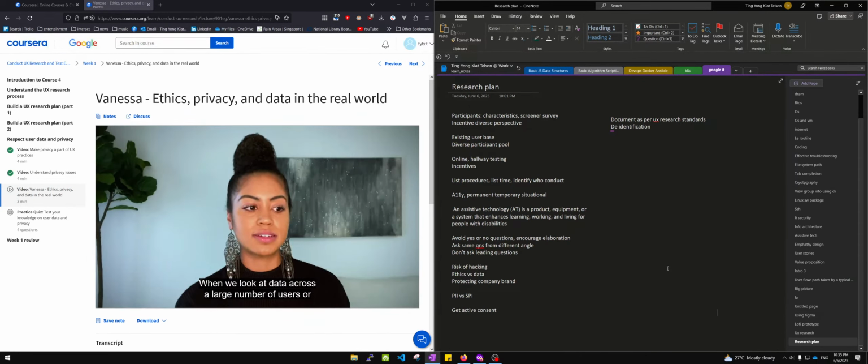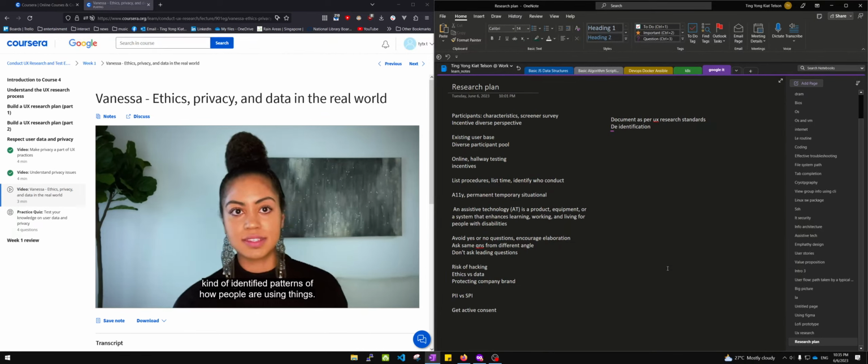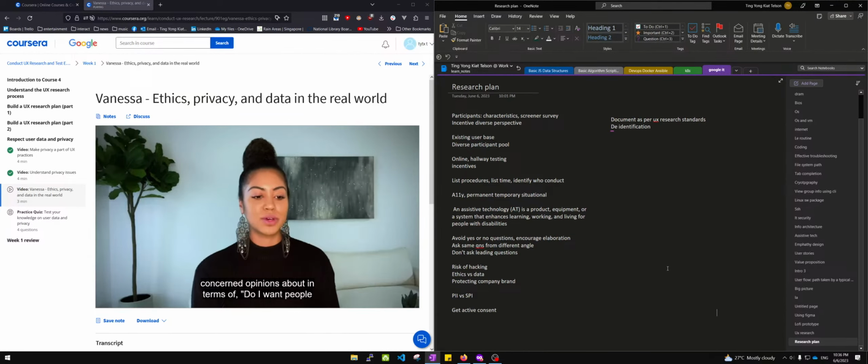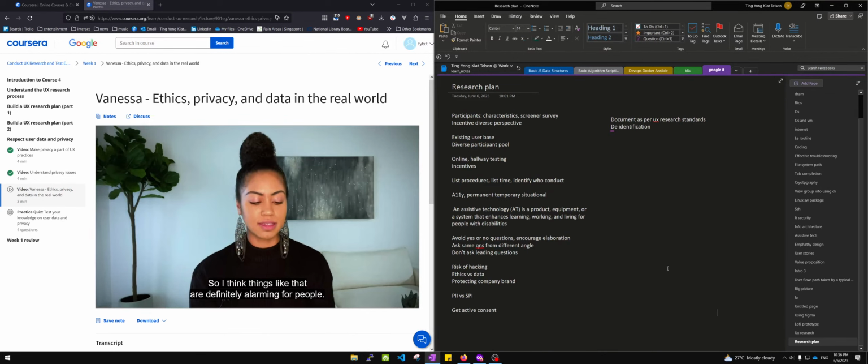When we look at data across a large number of users or identify patterns of how people are using things, all of which I think the public sometimes has very concerned opinions about, in terms of, do I want people knowing how many times I log into a certain account, or what kinds of websites that I'm visiting. So I think things like that are definitely alarming for people.